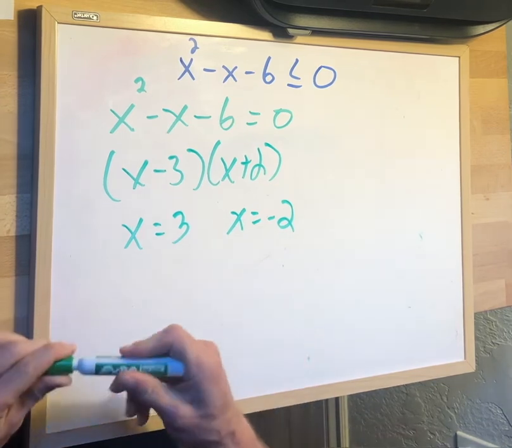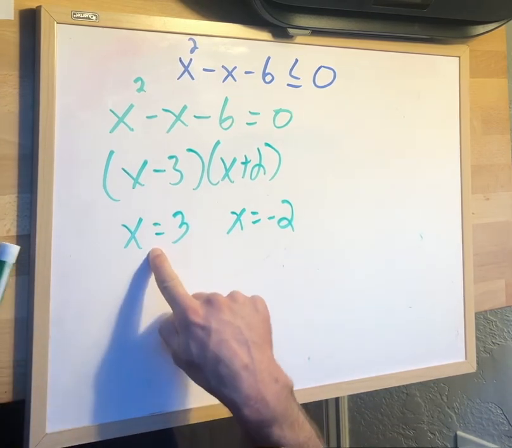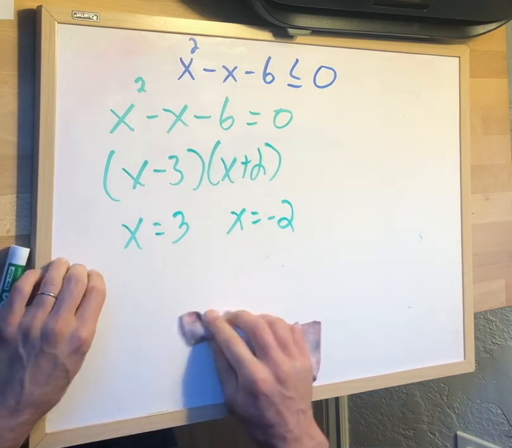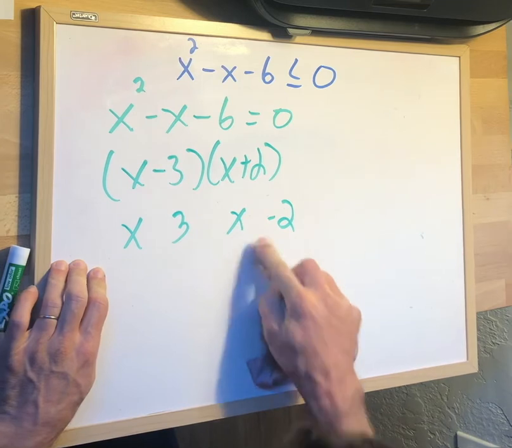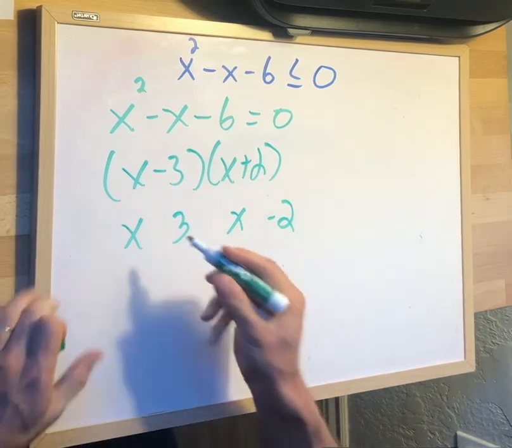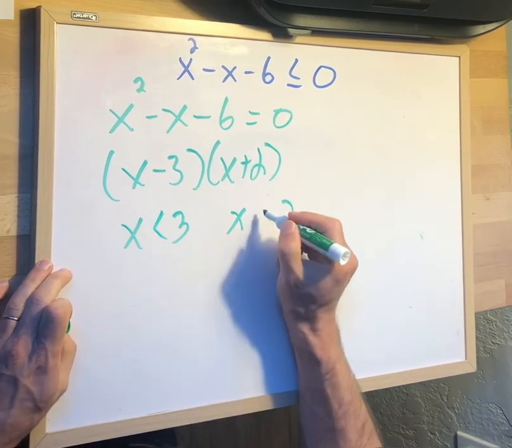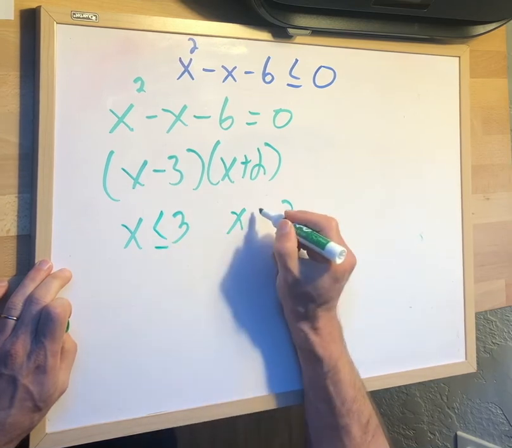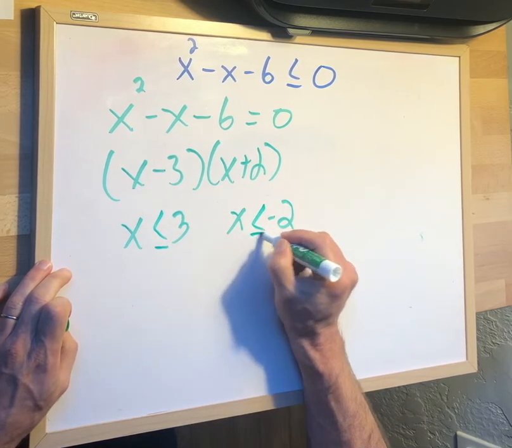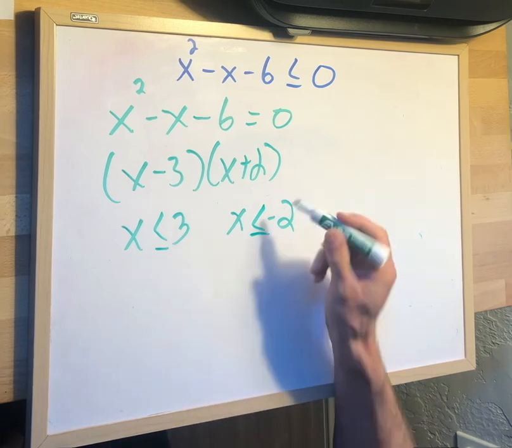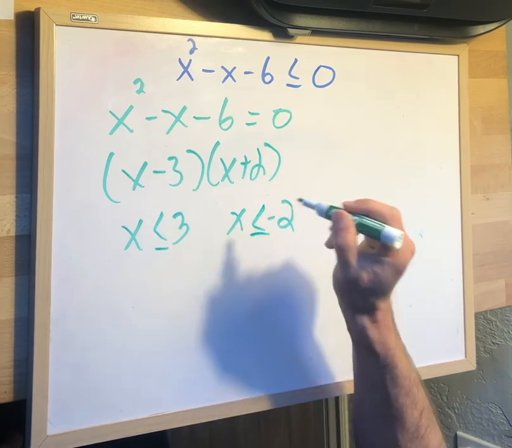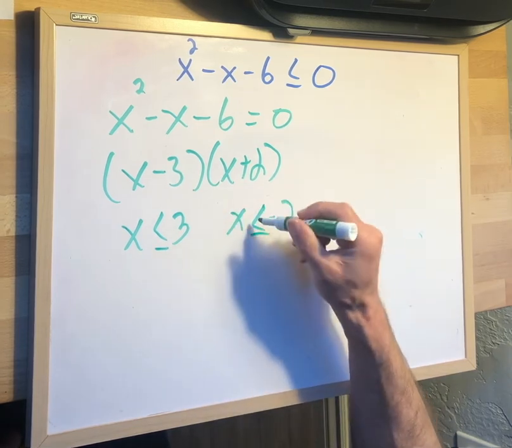Okay, but this isn't true. It's not equal to, it's inequalities. Now I'm going to show you something. If we have x is less than or equal to 3, x is less than or equal to negative 2, let's plug in a data point here.